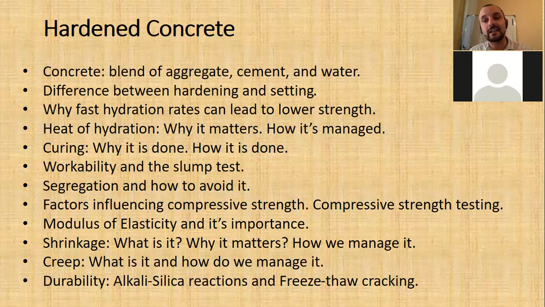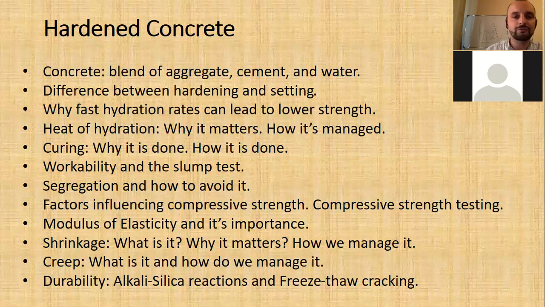As they react, they're making new strong chemical bonds. And so hardening is basically the process of letting solid, weak concrete go to being solid, strong concrete. Hardening is about concrete getting stronger. It's not about the concrete getting harder.